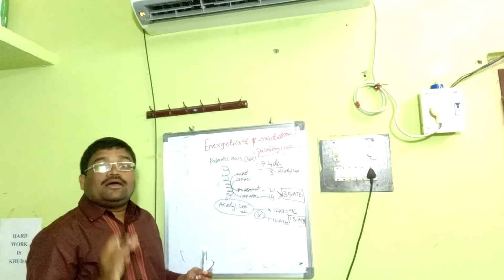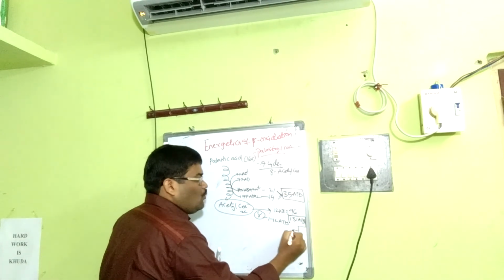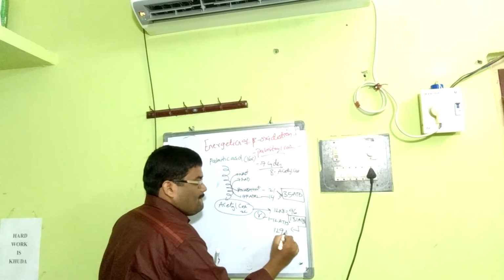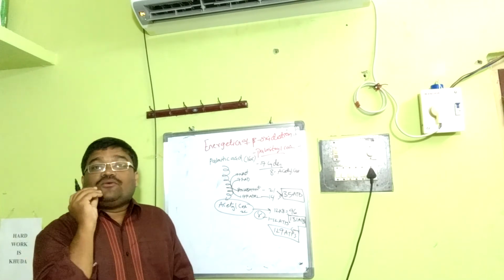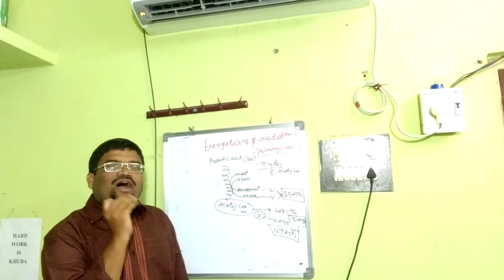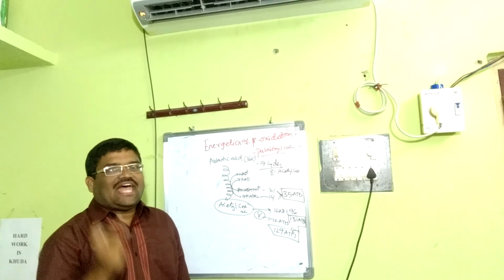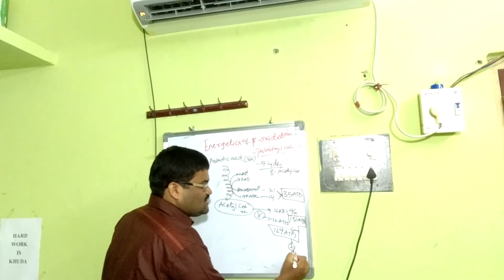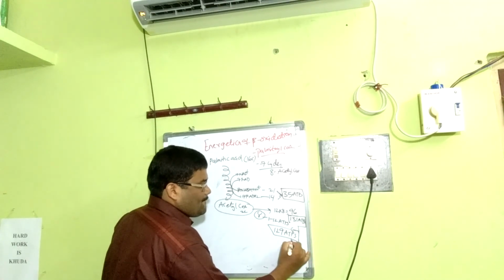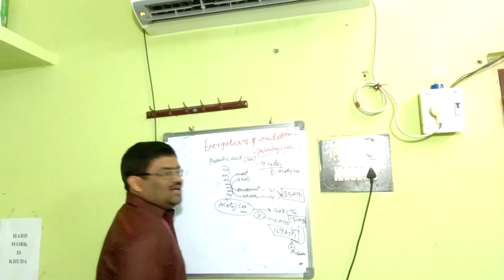But it is not the same. The final output will be 129 ATPs. How? Because we have discussed in the first step, 2 high energy phosphates will be utilized in the activation. So 2 for activation, that leads to 129 ATPs.